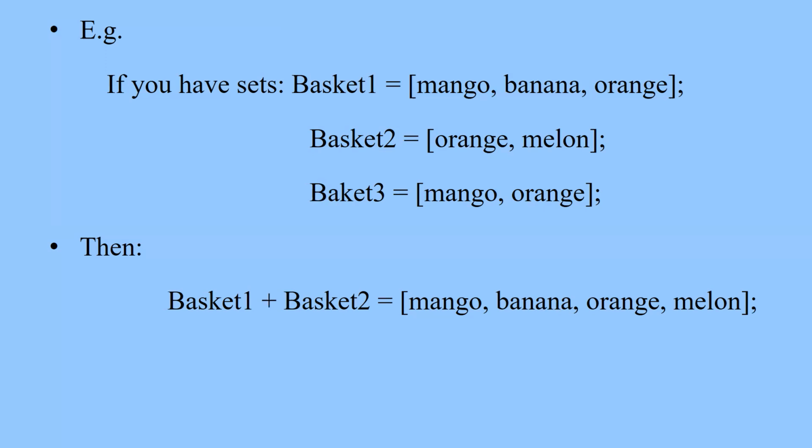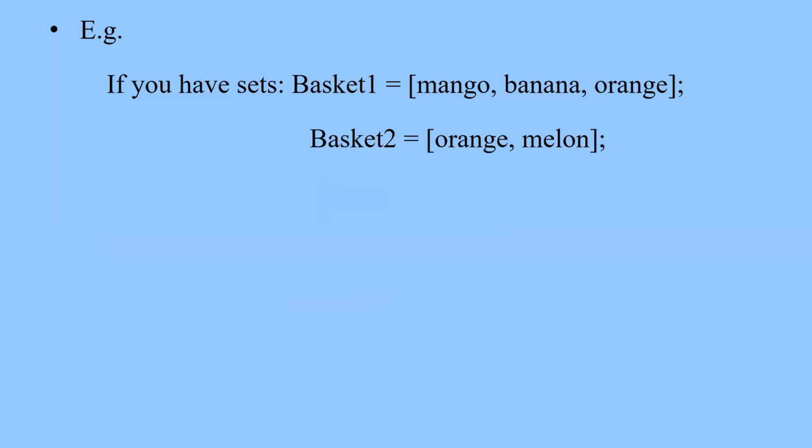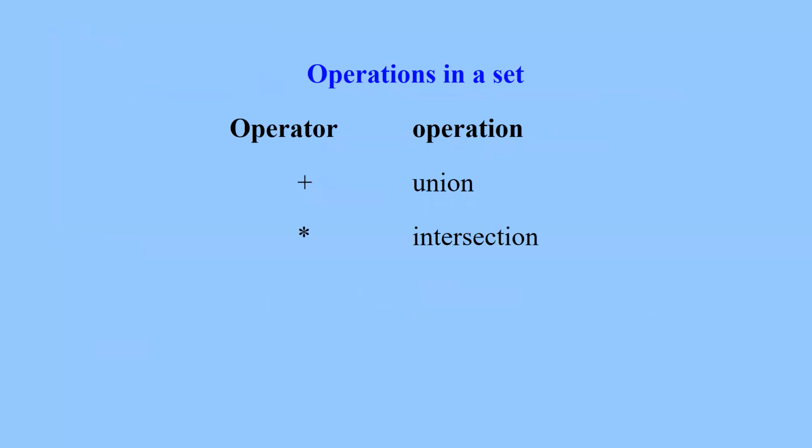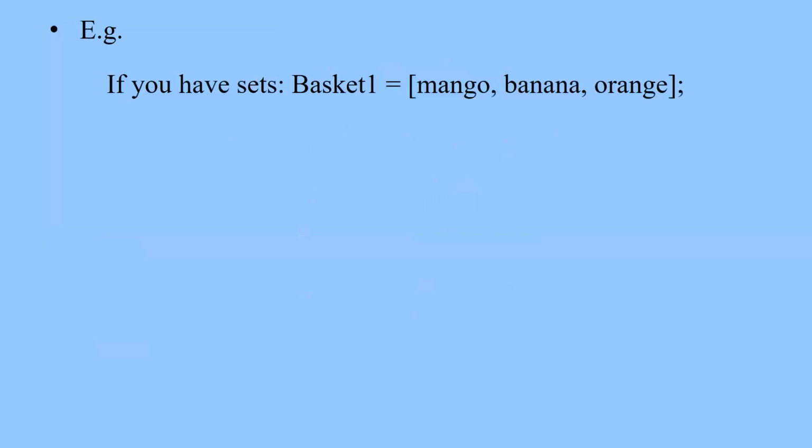In other words, basket 1 plus basket 2. Remember, I'm taking my time, my dear students and the rest of the learners. Remember, this operator is called union. So you are joining elements of two sets.